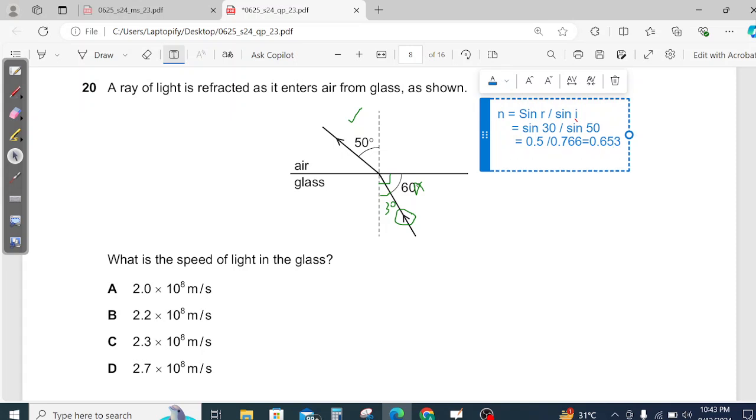So refractive index is equal to speed of light in air divided by speed of light in the medium. So you have to find the speed of light in the glass. It means you have to find the value of v here, simple v. Okay, now convert n.